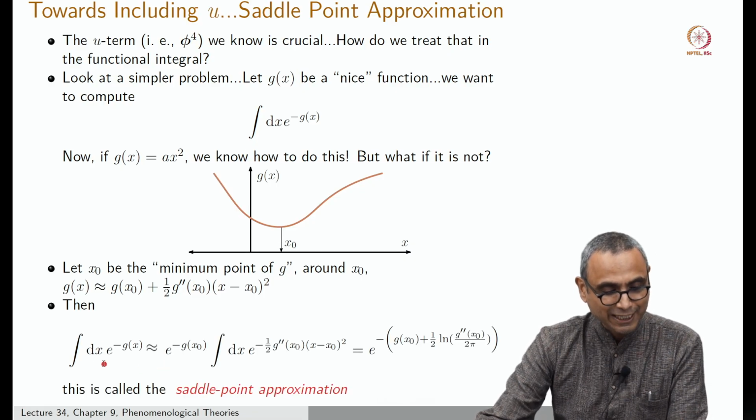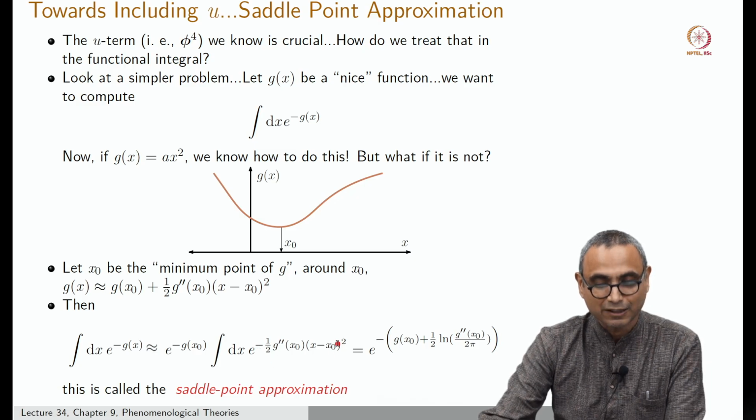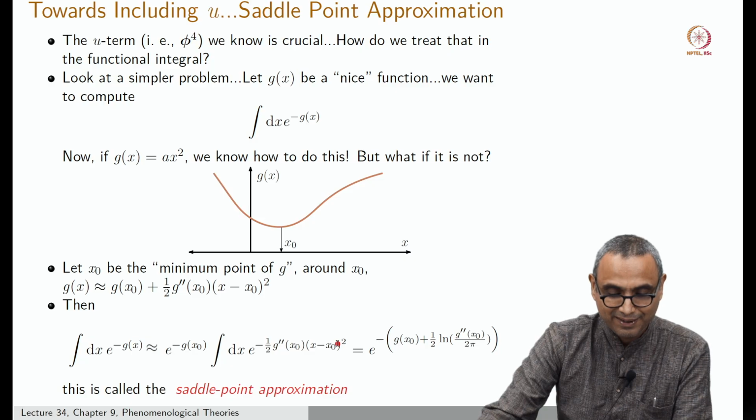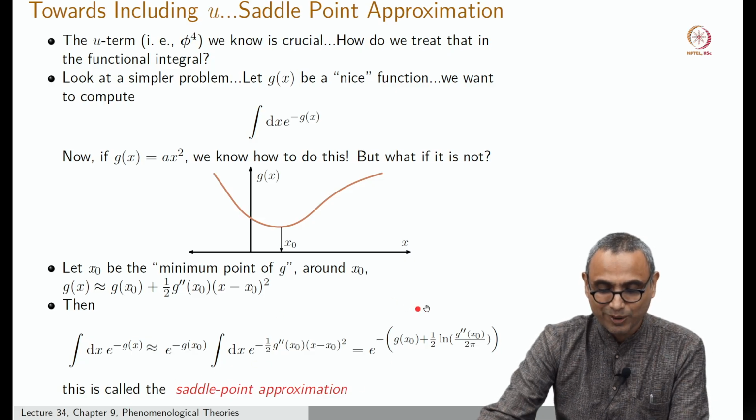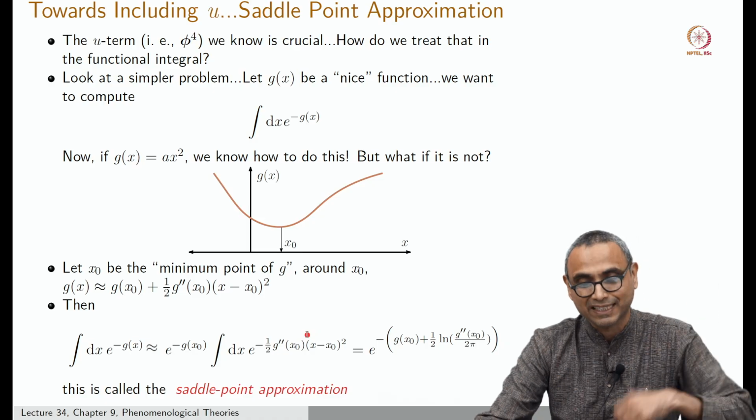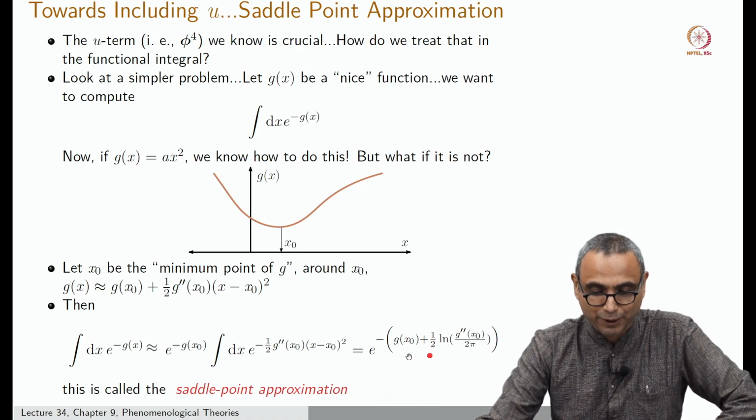I'm going to say that the integral dx e to the minus G of x should be approximated by e to the minus G of x naught, times the integral dx e to the minus 1/2 G double prime at x naught times (x minus x naught) the whole square. And this we can evaluate, and you will see that this integral is exactly this. I've evaluated this using the known result for the Gaussian integral and then exponentiated the answer. That's how I get this log here.